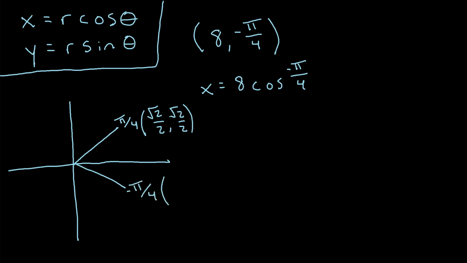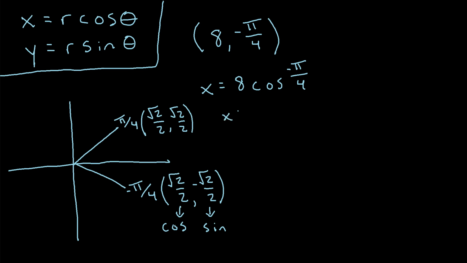And it would have the same coordinates for the x because x is still positive. It's still going to the right. So it's still positive root 2 over 2. But the y value is now negative since we're below the x-axis. So this would be negative root 2 over 2. And remember, this corresponds to cosine, and this value corresponds to sine. So the cosine of negative pi over 4 turns out to be root 2 over 2.